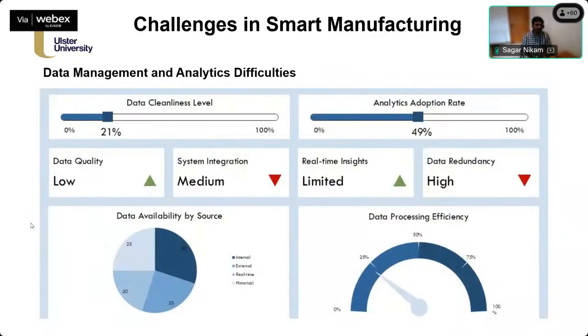Another challenge is data management and its analytic difficulties. Although we think we have data scientists, there are a lot of different aspects that need to be considered when we assess the data, or when we get an informed decision out of it. For example, if you look at the screen here, let me baseline where we are with data and analytics.